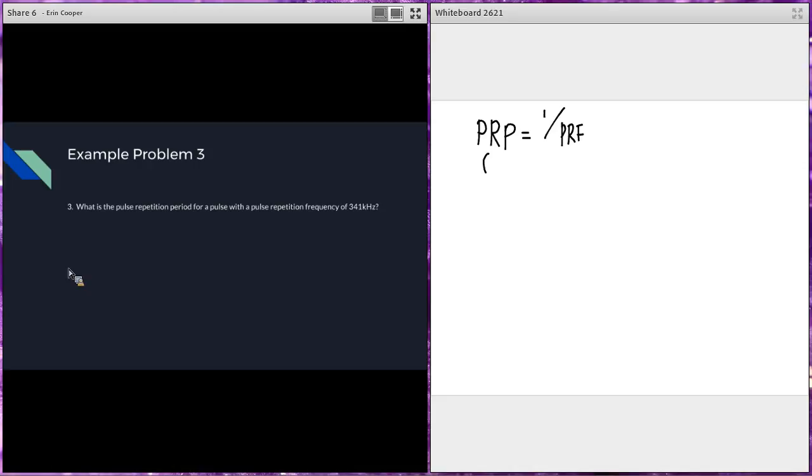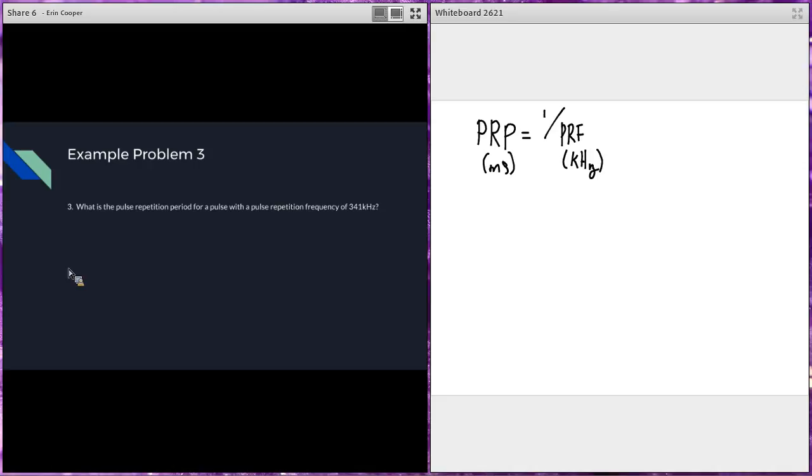PRP is measured in milliseconds, the weirdo, and PRF is measured in kilohertz. Why is that important? Because if we're not given these numbers in this format, we have to swap them out in order to get the right units. You have to convert them. All right. So that's the weird thing that I told you to remember.